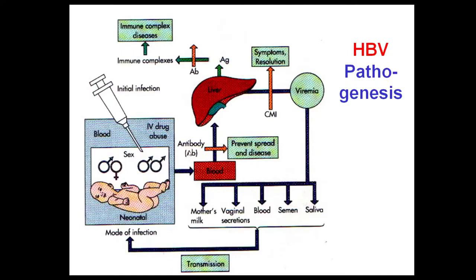So here you can see that the presence of antibodies is very important, because as soon as the virus enters the bloodstream by any of the routes, if antibodies are present in the bloodstream, they can prevent spreading of the virus into the liver, so they may prevent the development of the disease.